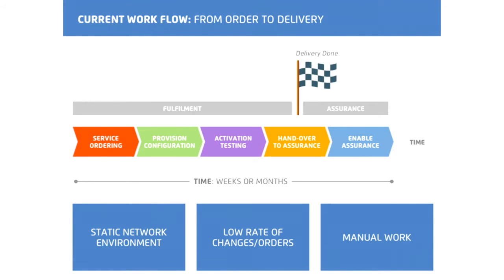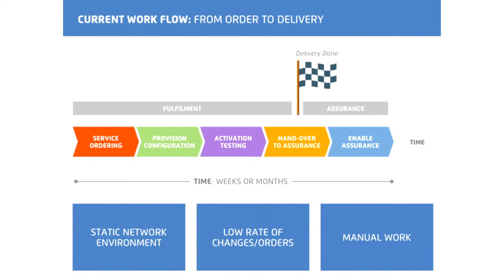So let's start by breaking down the steps involved in delivering network services today. If you start from the left-hand side, first the customer orders the service, then the device configurations are provisioned, and I would say only in some cases the circuits are activation tested to complete the fulfillment phase.